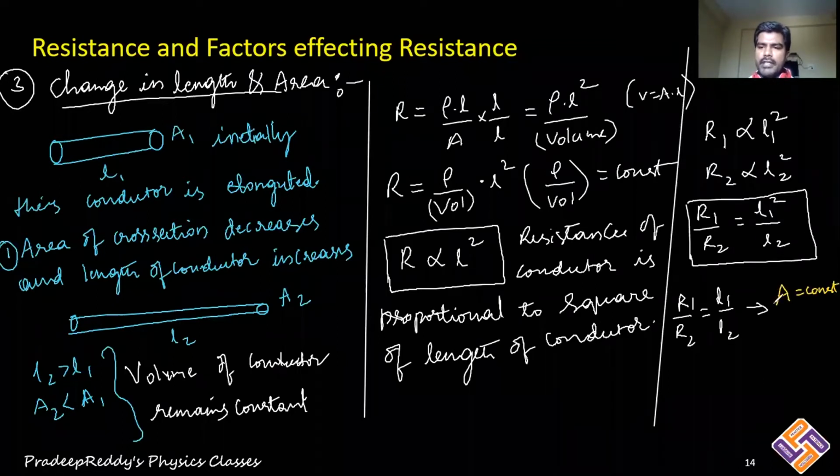So if the area of the conductor is constant, then R1 by R2 is L1 by L2. Whereas R1 by R2 is equal to L1 square by L2 square if and only if volume is constant. So if volume is constant, you will use that formula.